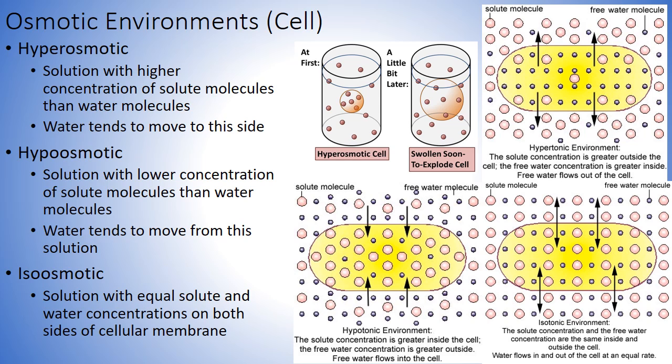And again, we see isoosmotic, an environment where there are equal portions of water molecules on each side of the membrane, and equal portions of solute molecules on each side of the membrane. They are still transporting across the membrane, but we see an equilibrium between solutions on each side of the membrane. Again, these terms will be used when we do discuss the function of the kidney.